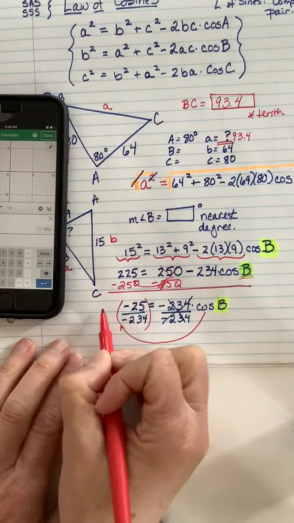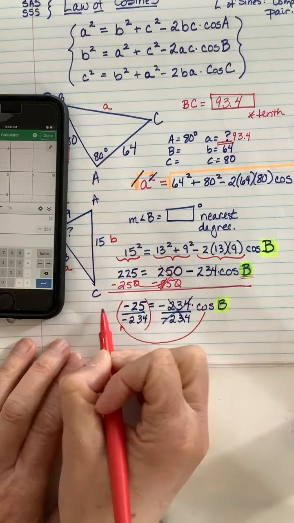And then we should be there. So I've got funcs inverse cosine of negative 25. And obviously, if you can already see that you don't need to do negative 25 or negative 234 because you know those are going to divide out, you don't have to. I'm going to just for simplicity's sake.